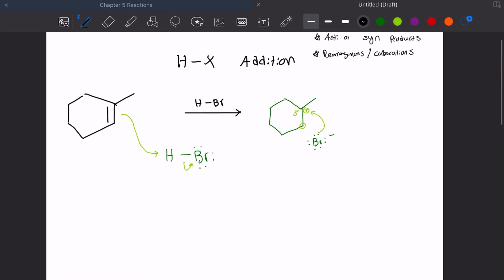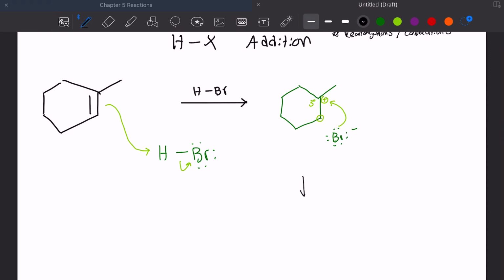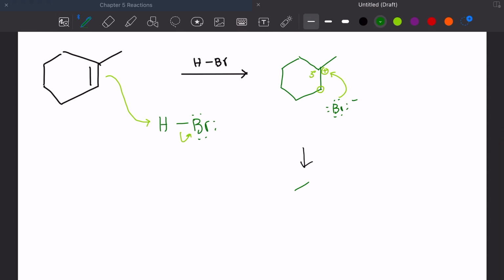Now we can draw our final product. We'll get the same ring structure, obviously, and we'll get a mixture of products.